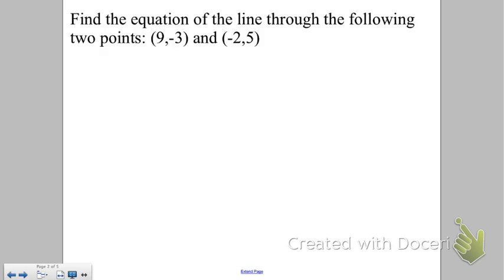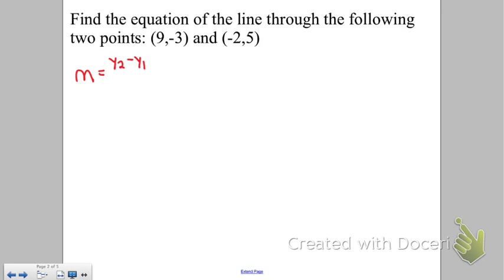The second question: find the equation of the line through the following 2 points, (9, negative 3) and (negative 2, 5). Take a second to copy down the question. When I'm finding the equation through 2 points, I'm going to start with my slope formula.